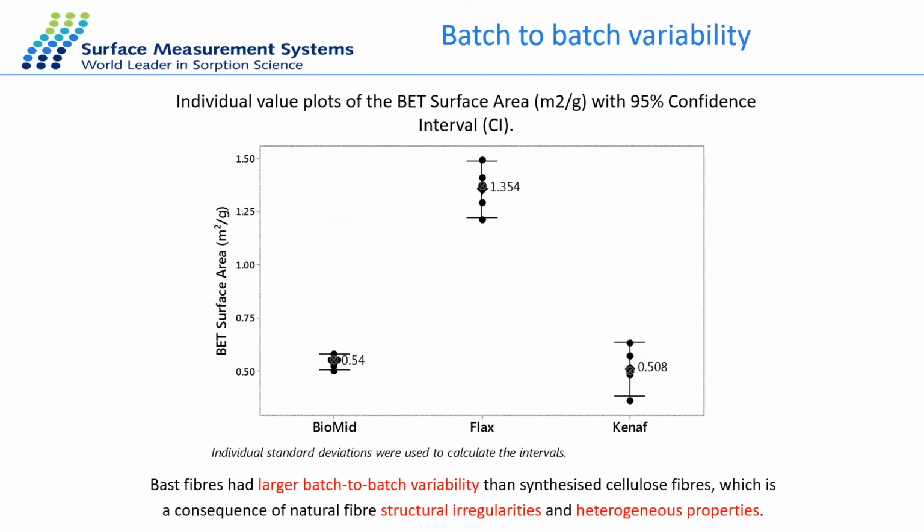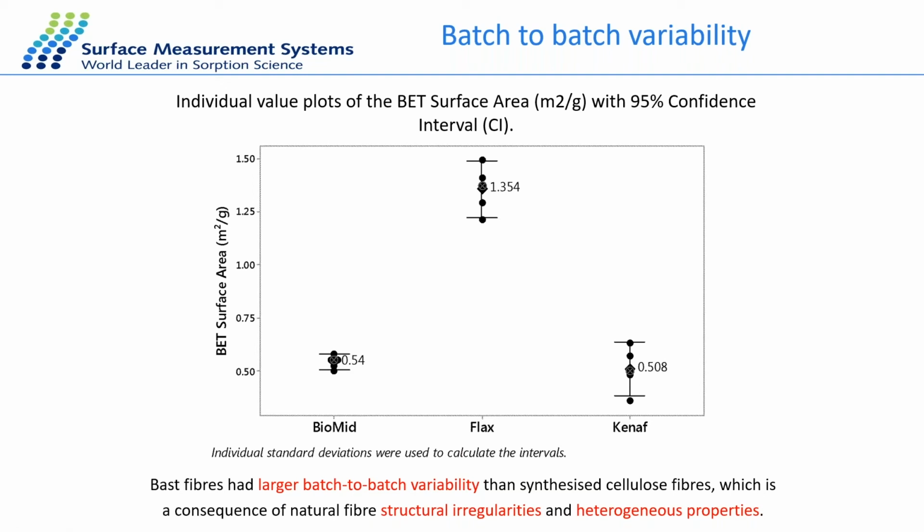using IGC. Then we also performed the batch-to-batch variability measurement. So we packed several columns, and we determined the surface area of the different fibers. In the case of the commercial cellulose fiber, you can see that the reproducibility is quite good. But in the case of the natural fibers, the deviation is much bigger, and again the flax fiber showed the biggest deviation.